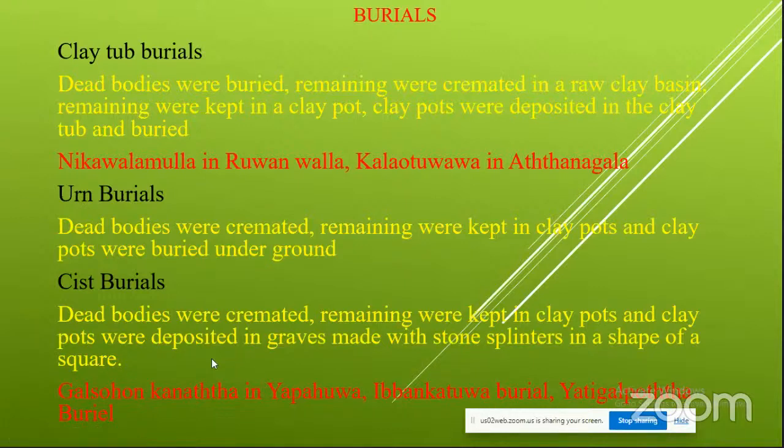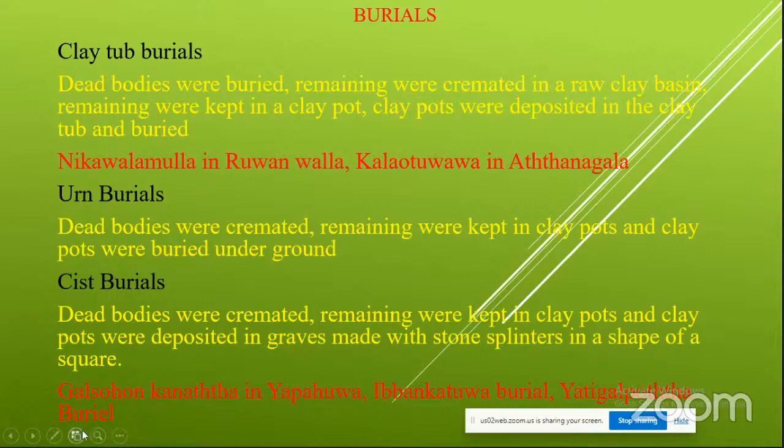These graves were made with stone splinters. They were not so big. Inside the grave, they kept the clay pot, and after that they covered the grave with a very large stone slab. The evidences are found from Galsohon Kanatin Yapawa, Ibban Katua burial, and Yatigal Potha burial.